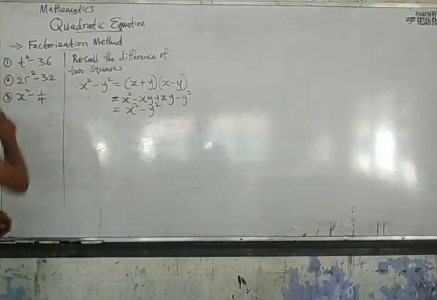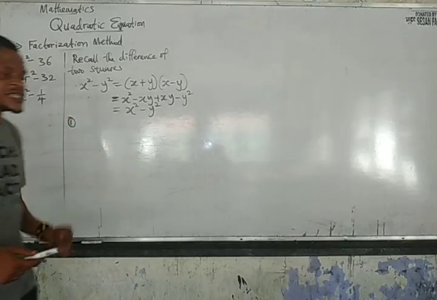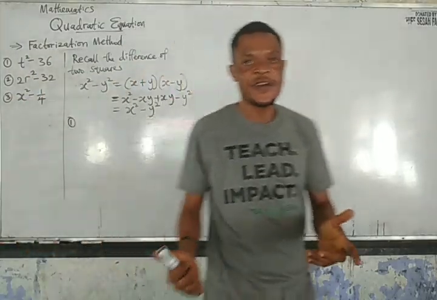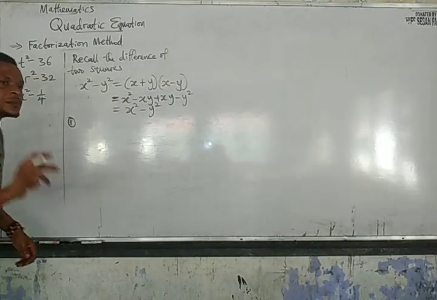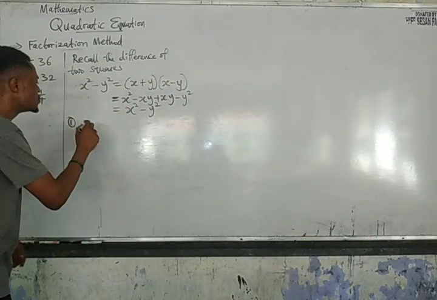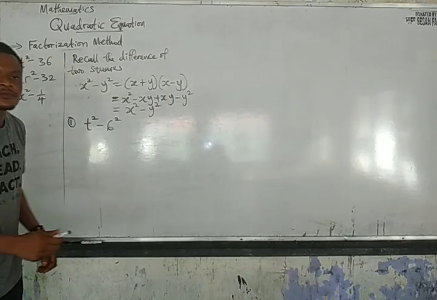Now back to the question. t squared minus 36. 36 is a perfect square. So we just get our 36 to become 6 raised to power 2. This gives us t squared minus 6 squared.